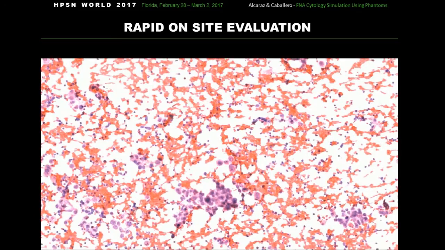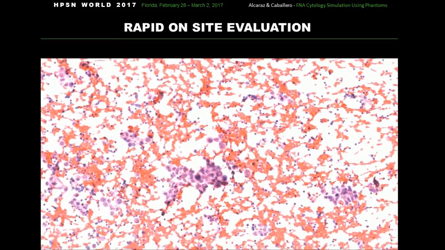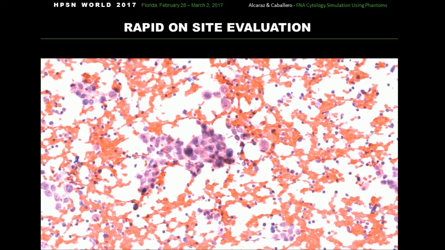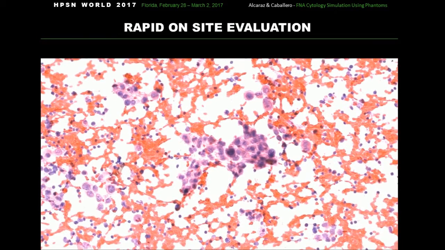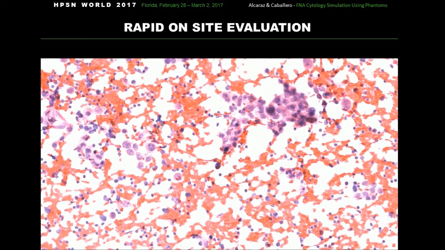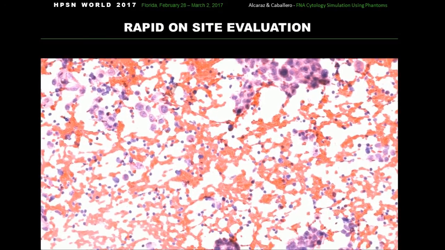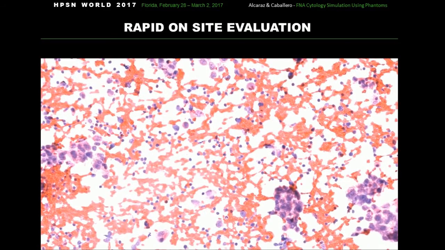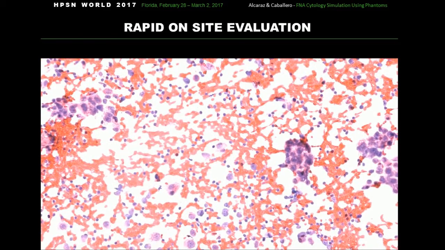So look at the red blood cells as a background, the tiny lymphocytes, and those malignant cells. We can then provide a diagnosis of a metastatic carcinoma in a lymph node with an unknown primary. With this diagnosis, the outcome of the patient changes.